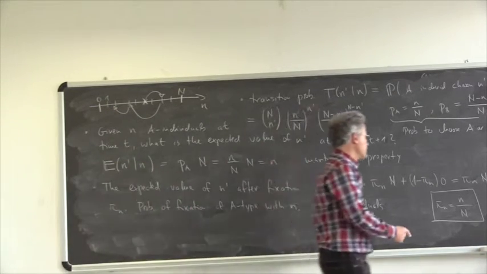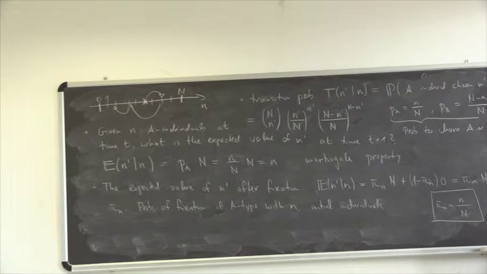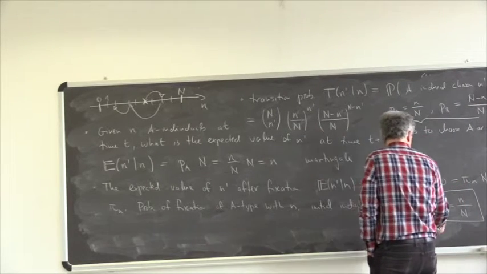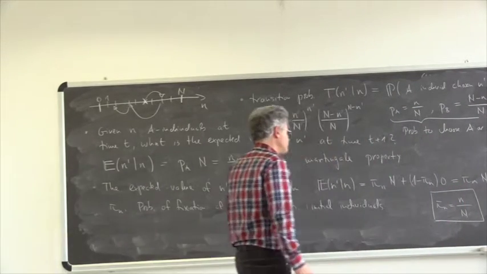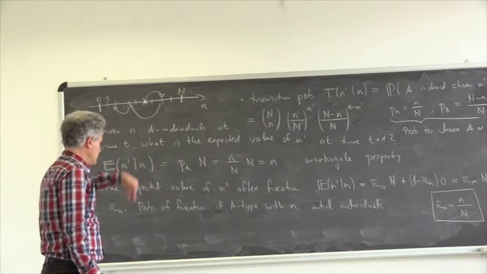So if there are initially small n A individuals, then the probability that an A individual will be the surviving one is just small n over capital N. So that's more or less the same thing, but this is a more formal argument. Okay, so this gives us the fixation probability in the neutral case.